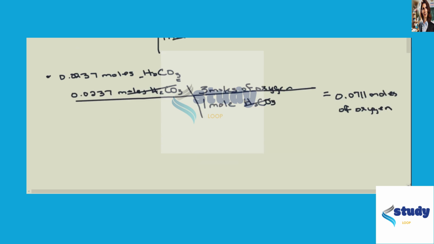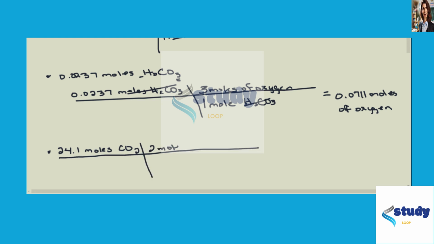And then the very last one is we have 24.1 moles of carbon dioxide. And so that means I have 2 moles of oxygen atoms to 1 mole of CO2.